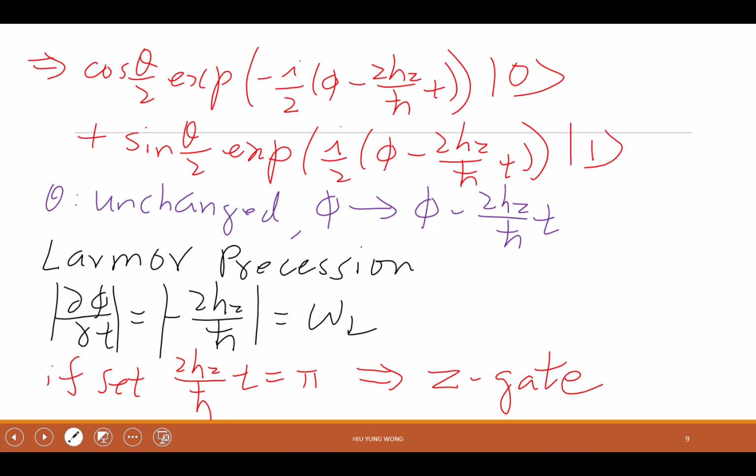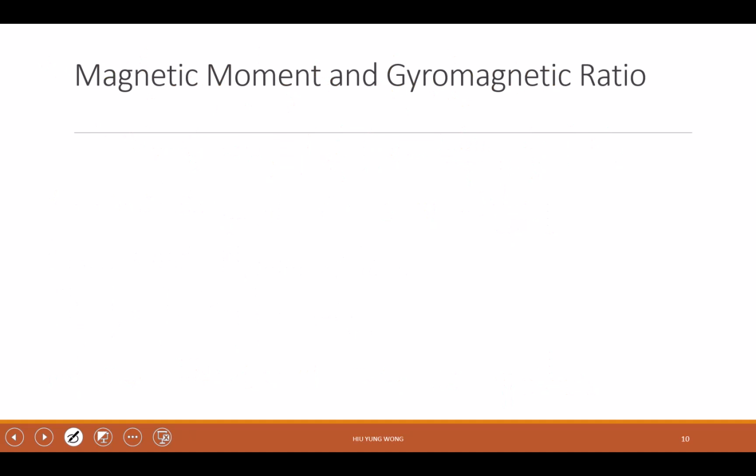Good. And now we will see how I can construct a Z gate. But before that, I assume we all have no knowledge of magnetic moment, etc. We will try to talk about some of the basics first. If you have a current going through a loop, just take it for granted, you will generate something called a magnetic moment.